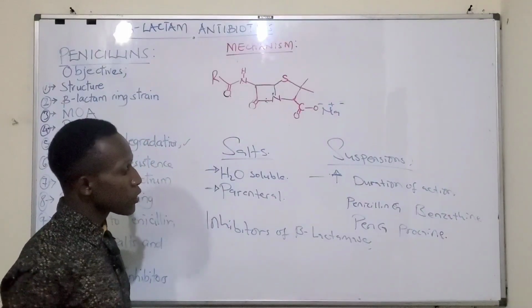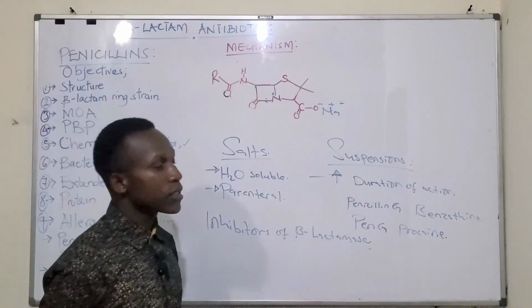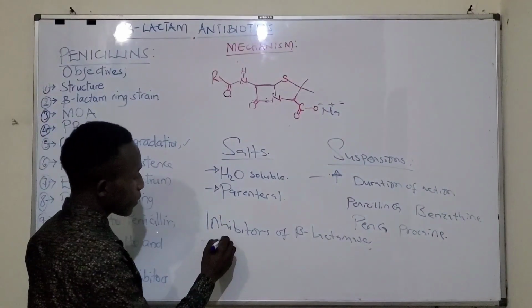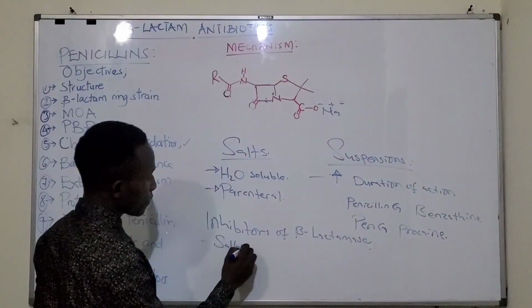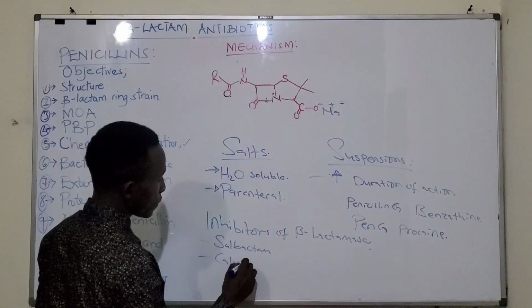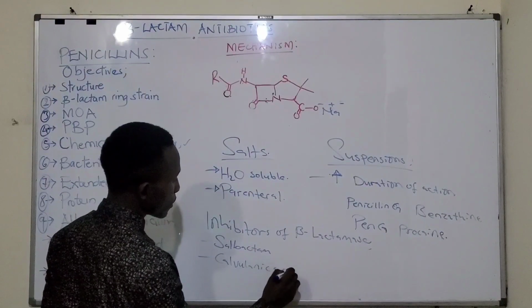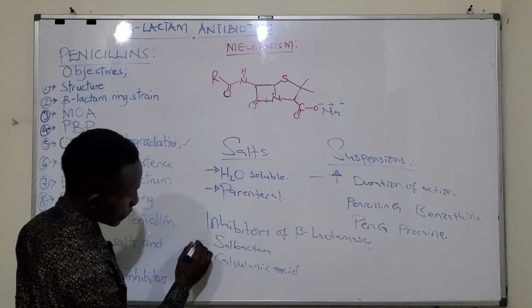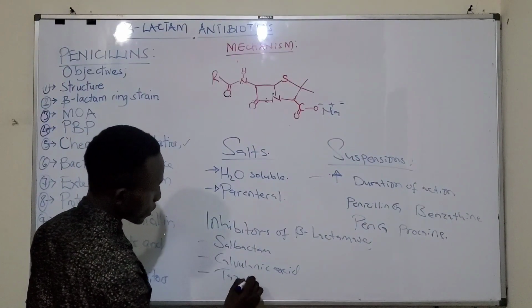They inhibit those beta-lactamases. So, for example, we shall have sulbactam, clavulanic acid and tazobactam.